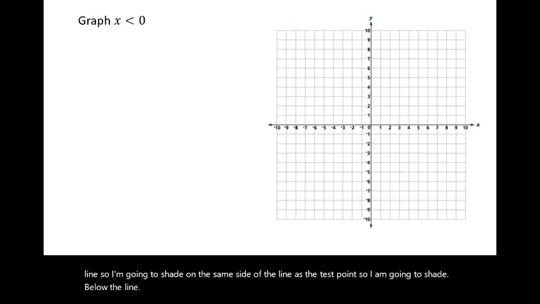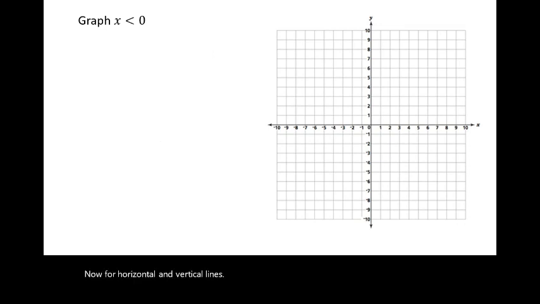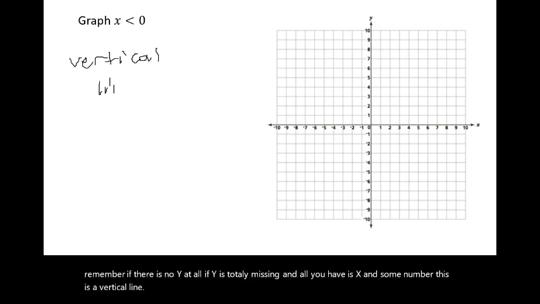Now for horizontal and vertical lines, they are going to be pretty straightforward. So we're going to graph x is less than 0. Remember, if there is no y at all, if y is totally missing and all you have is x and some number, this is a vertical line. Since this is a vertical line, x equals 0 is right here.